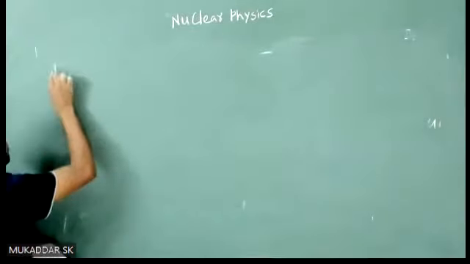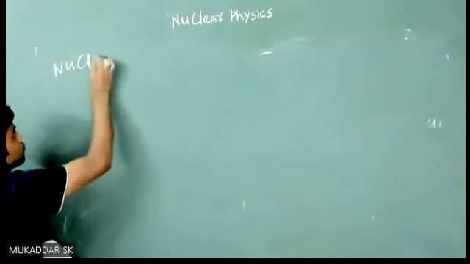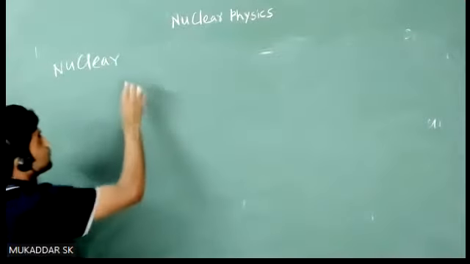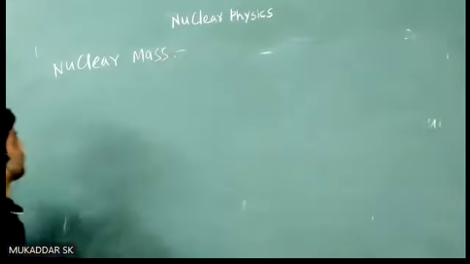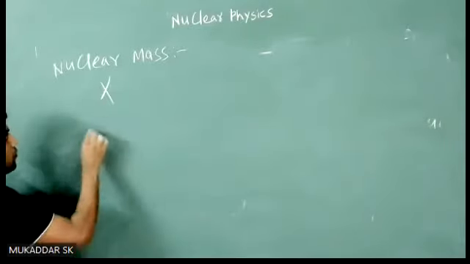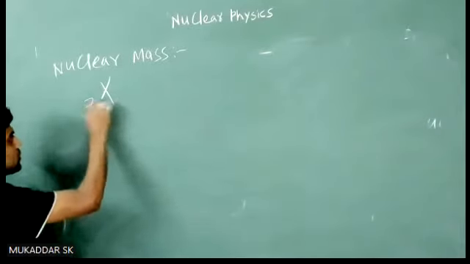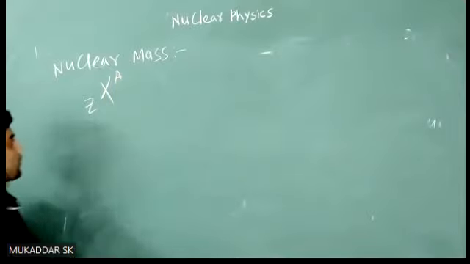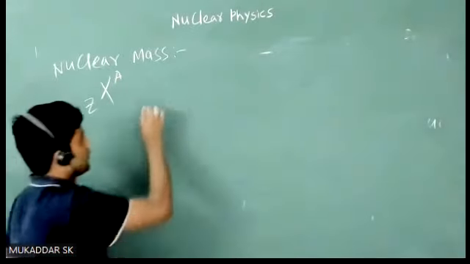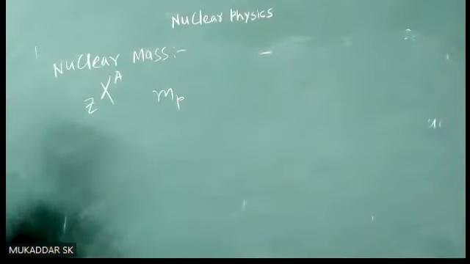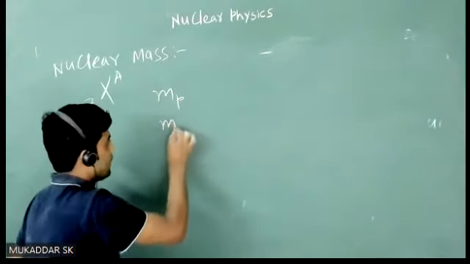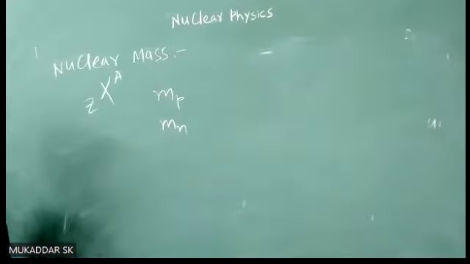Okay. So nuclear mass. This is the symbol of your nucleus, any nucleus. Yesterday we defined that mp means the mass of a single proton, and mn is the mass of a single neutron.